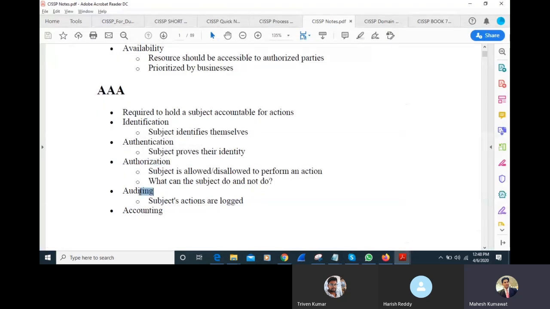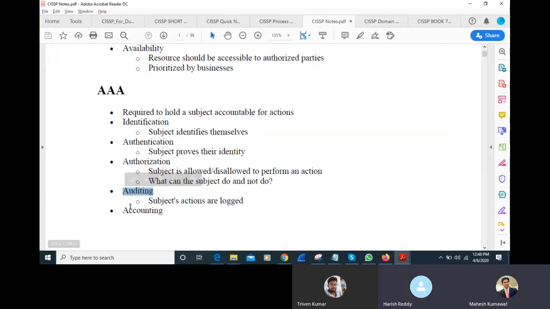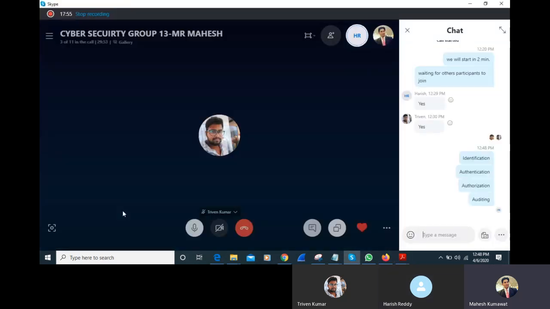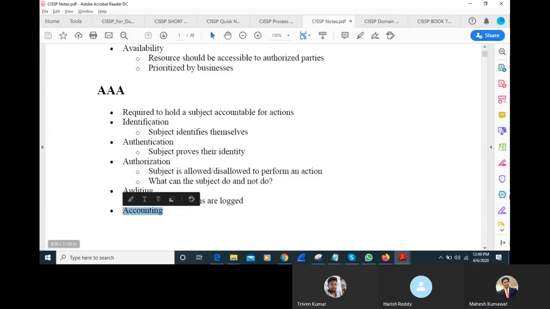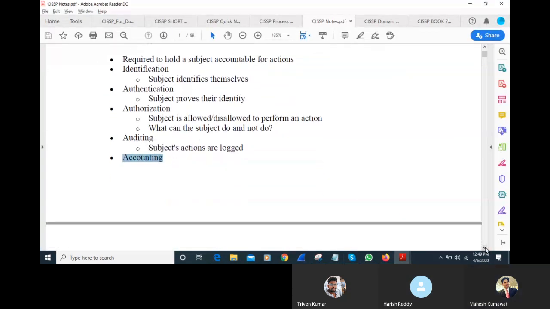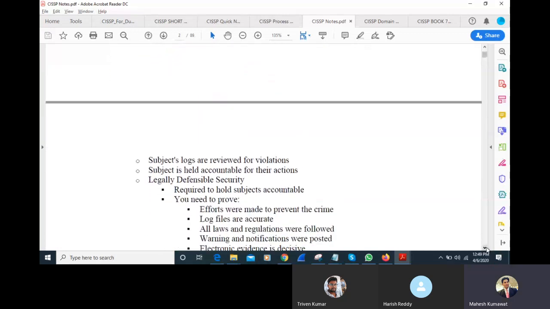And the other thing is that subject actions are logged. Whatever you perform will be recorded as logs. Accounting is one of them. Accounting is basically that subject logs are used for violations. The subject is held accountable for their actions.